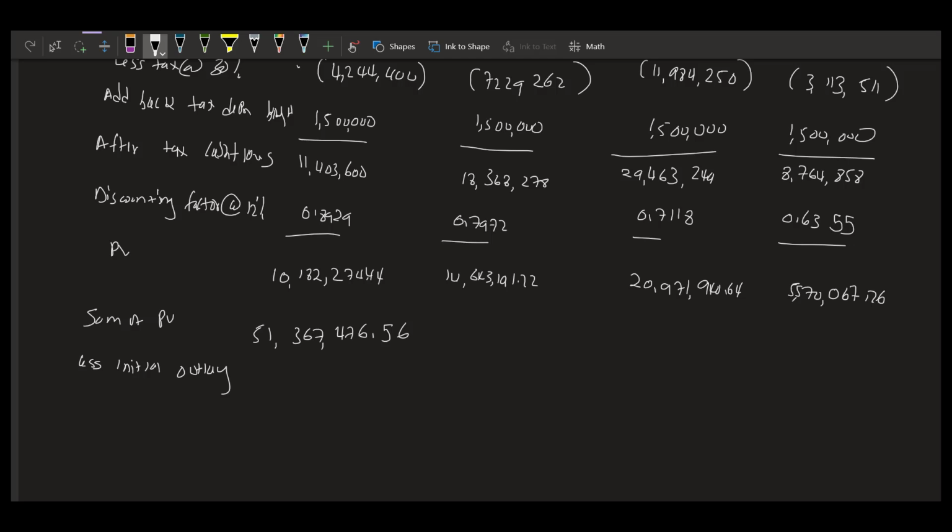We are given the initial outlay as 20 million. We less 20 million, and we have the net present value being 31,367,473.56. And that's what was expected in that question.